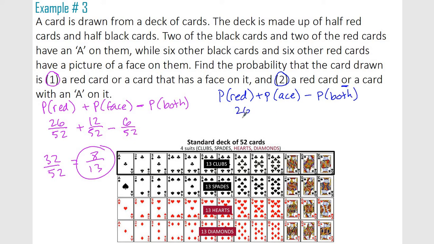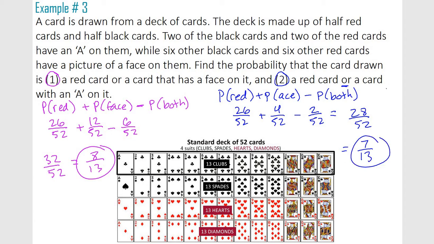So we have 26 red cards, 4 aces, and 2 overlaps. This is how you show your work, guys. Okay, so 30, then minus 2, so 28 out of 52, which simplifies to 7 out of 13. There you have it.